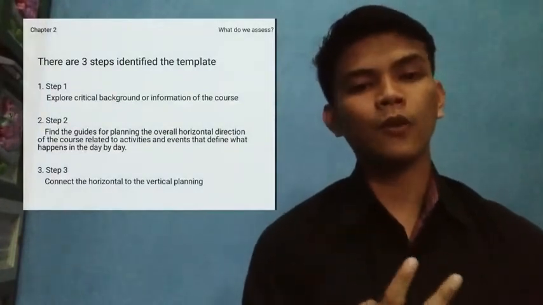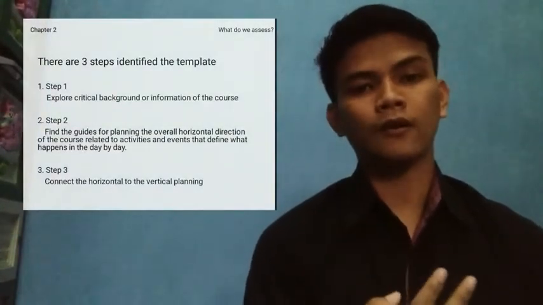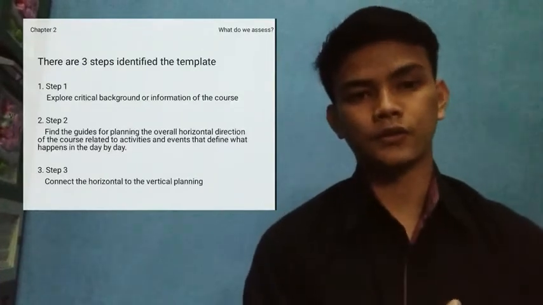In reviewing the template, note the way in which the assessment tasks are directly informed by the information collected through the use of the template. There are 3 steps to identify the template. The first step is to explore the critical background or information of the course.